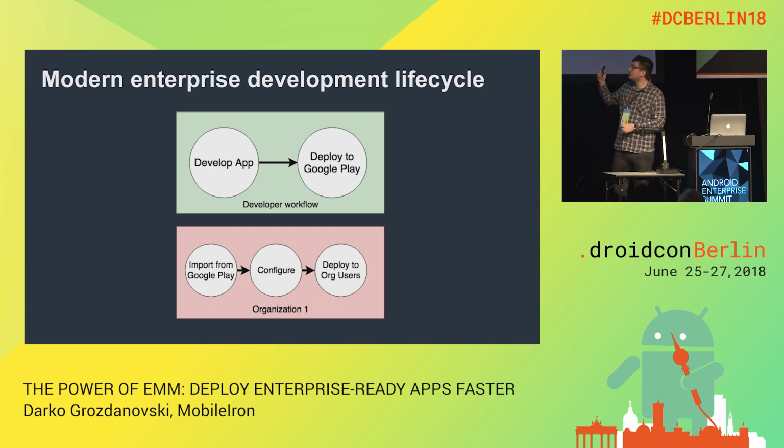The responsibility of the IT part of the org and developer operations and so on is to actually get this application from Google Play, configure it somehow, and then deploy it to all the users within the organization, manage the user groups, and so on and so forth. Any tweaks to the configuration, they don't need to involve you. They shouldn't involve you as a developer. The idea is that they can handle this process by themselves.